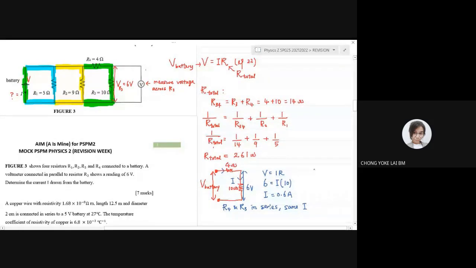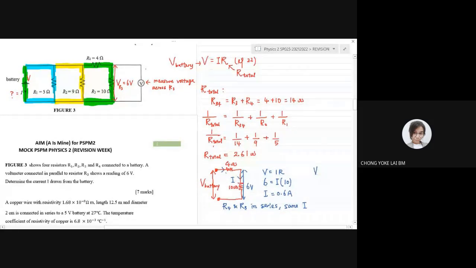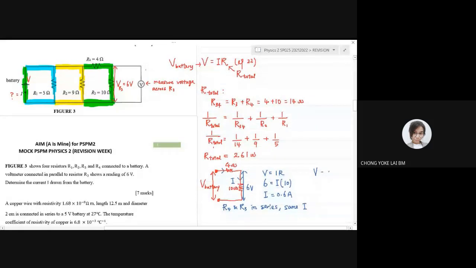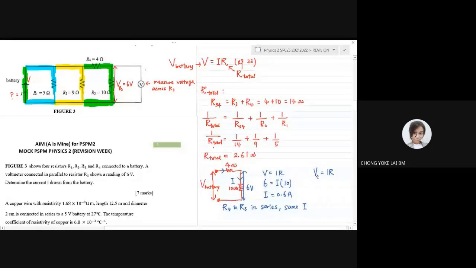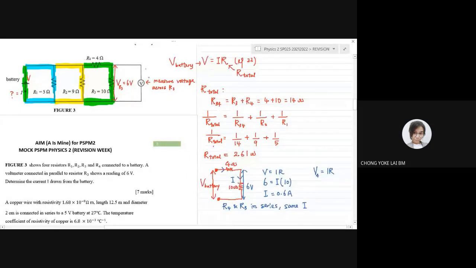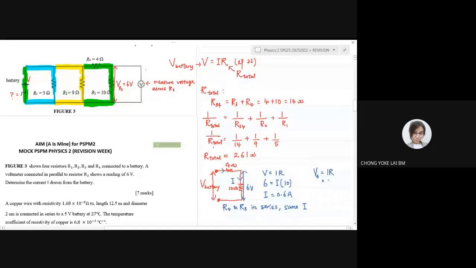So, I can calculate the voltage across the 4 ohm resistor. So V equal to IR. So teacher boleh cari V4, voltage yang lalu R4. So I will have 0.6 multiplied by 4.